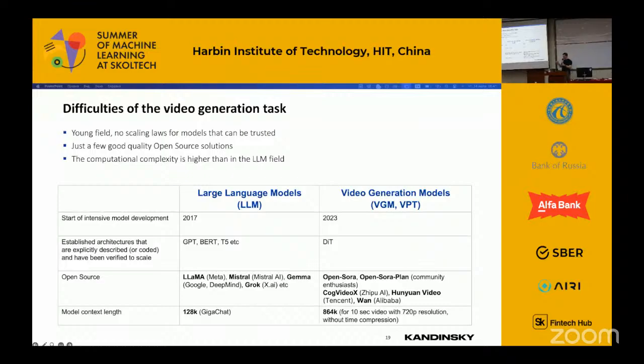So you need to compress the video. But if you compress only on the spatial axes and not in time, your video is about 1 million tokens. You can compare with large language models: here 1 million tokens, there 100,000 tokens, so 10 times less.